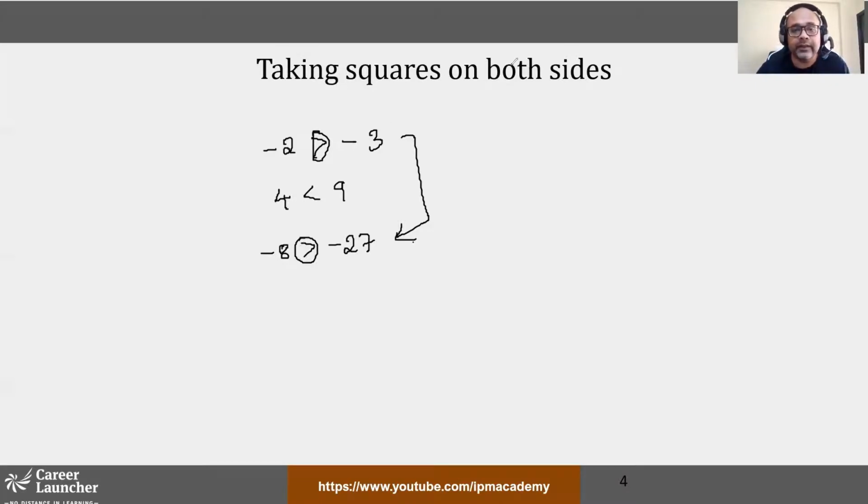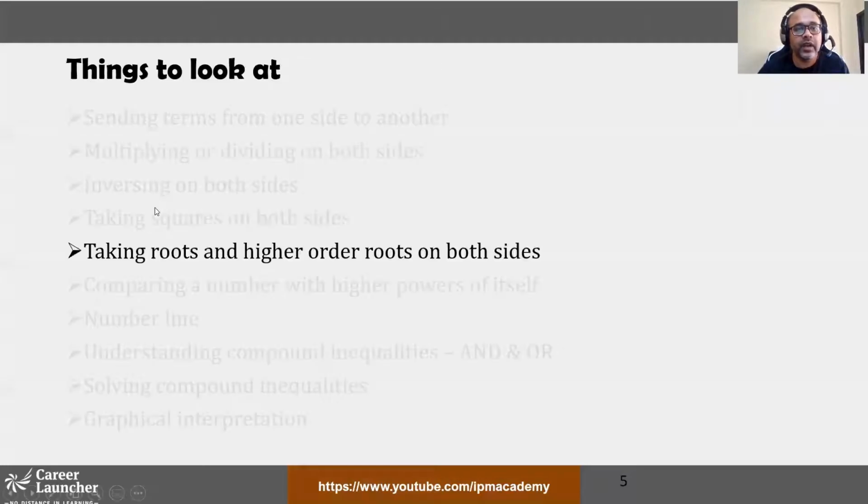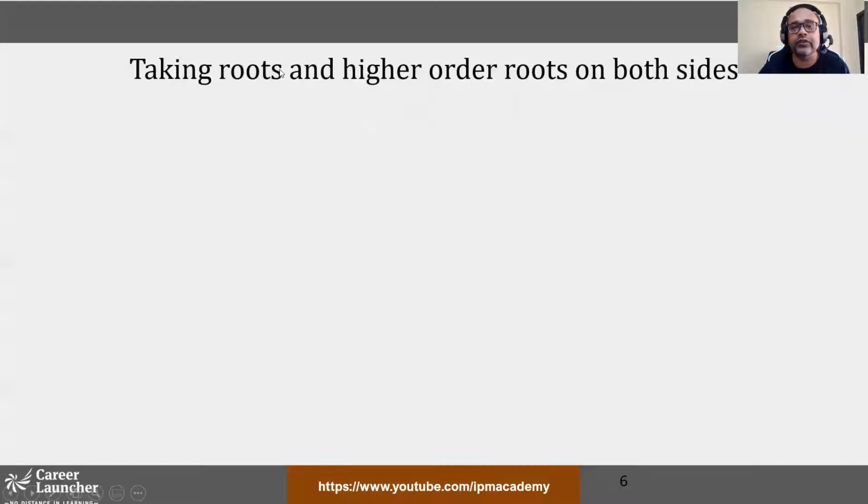Well, going forward, now looking at roots and higher order roots. To take the square root of a number, you have to make sure that it is positive. Otherwise, it is not real, it is imaginary. So at least for the square root part, we are dealing with both sides positive.